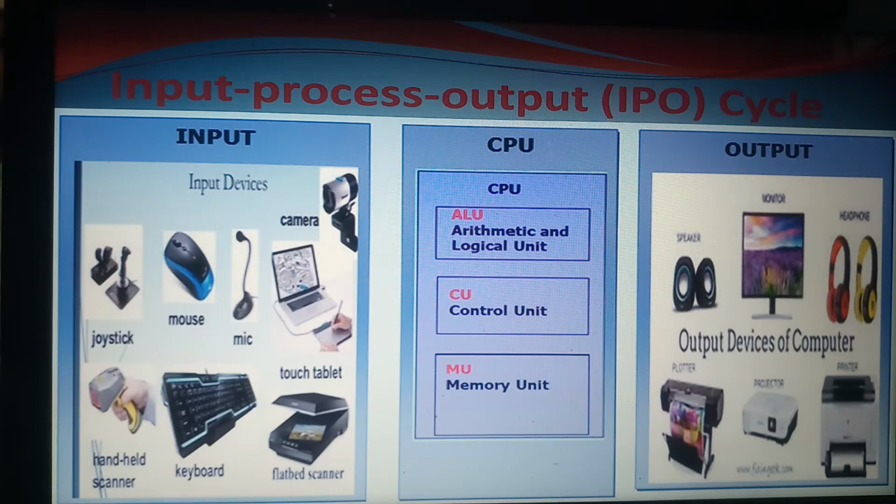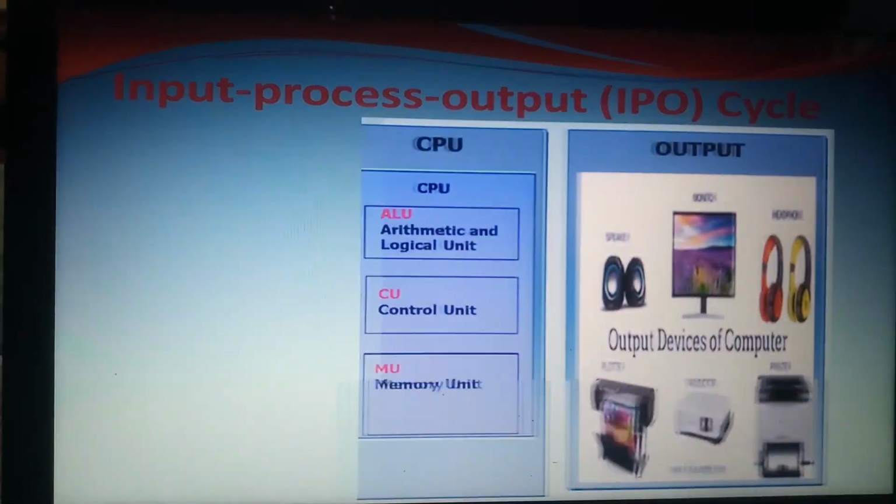Once the processing is done, the computer gives the output which could be displayed on your screen or monitor, or it could be printed on paper or music on your speaker. Thus, the computer follows this whole cycle of taking input, processing it, and giving the output, which is called IPO cycle.